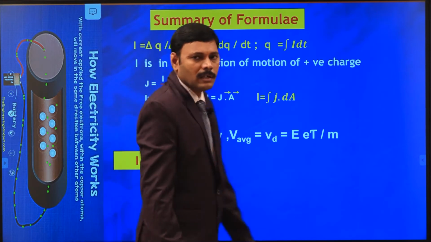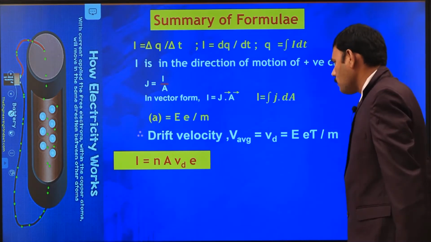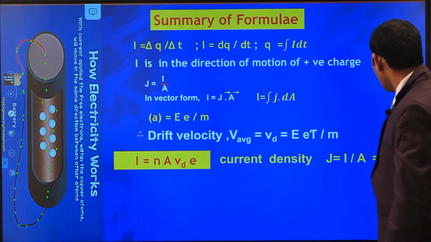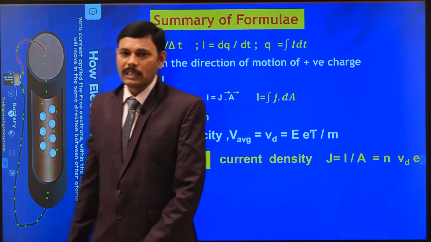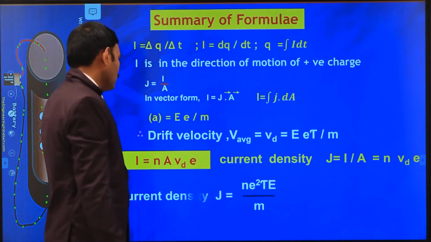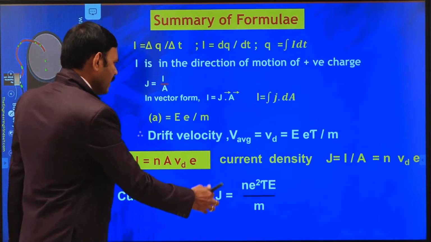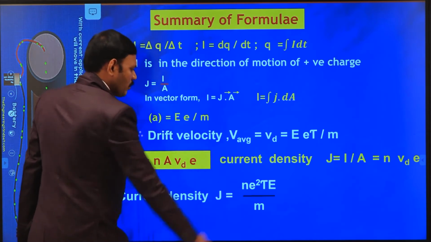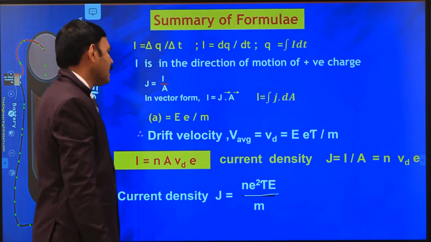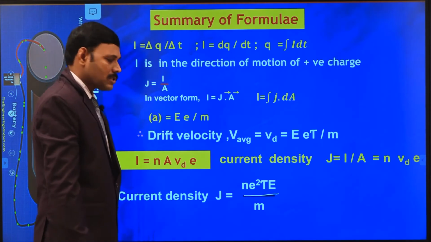And the relation between drift velocity and current is I equals N e A Vd, as well as current density is I by A. So we have N e Vd as the relation for current density and drift velocity. And then when you replace Vd by the above formula, we get N e square tau E divided by m. This is the expression for current density in terms of the relaxation time.